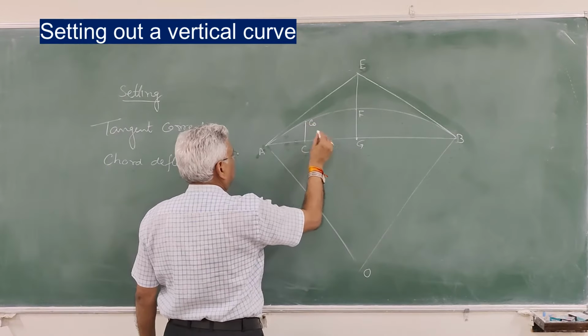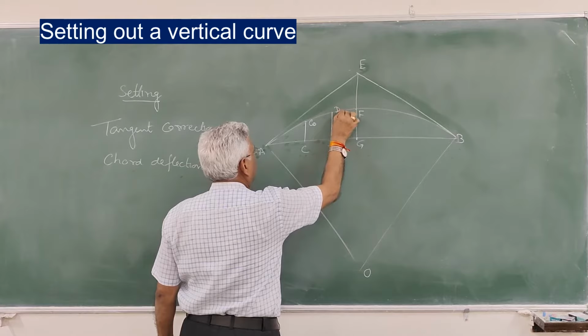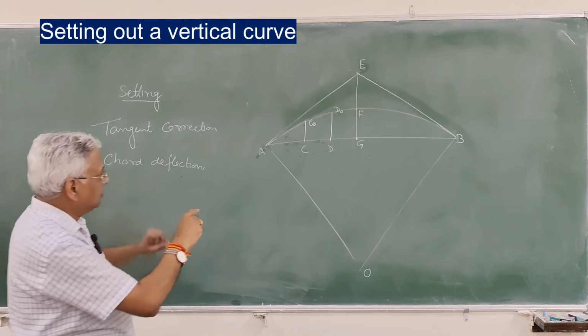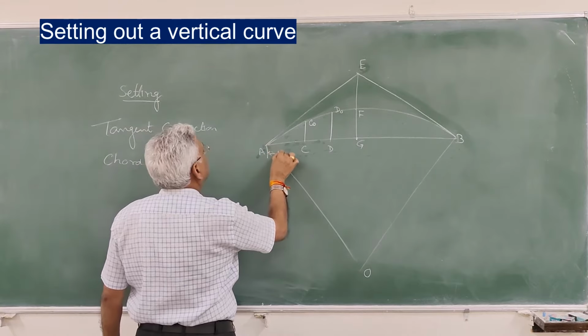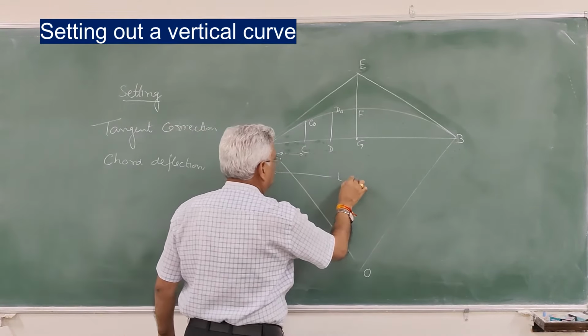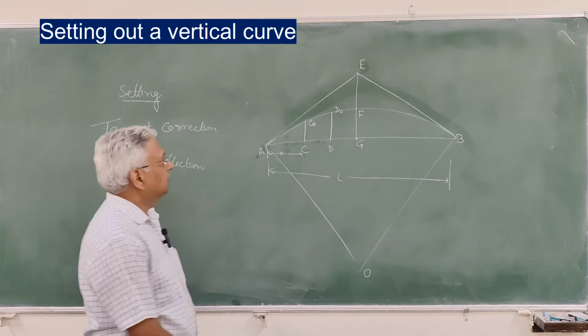C0, D0, so that from D point you move to the point on the curve, and this is X distance, this is the length of the curve, total length of the curve.